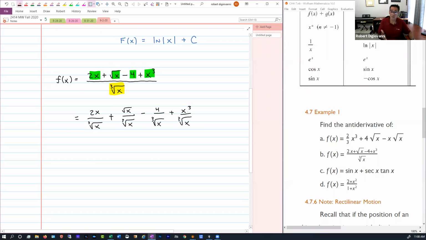That's algebraically a legal move. I can go one more step and rewrite this as x to the 1/3, x to the 1/2 over x to the 1/3, minus 4 over x to the 1/3.